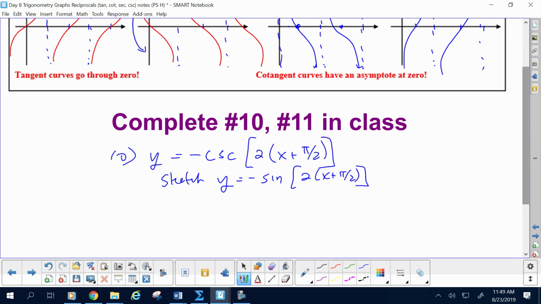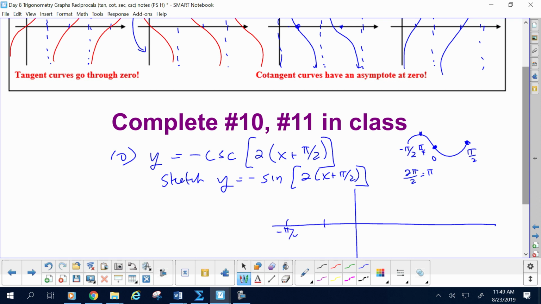So what is the starting point? Negative pi over 2. Okay? What is the period? Pi. So where will it end? If I start at negative pi over 2 and go pi away, it'll put me at pi over 2. Where's the center point then? What's halfway between negative pi over 2 and pi over 2? 0. And what will these points be at? Pi over 4. So let's go with a pi over 4 scale.